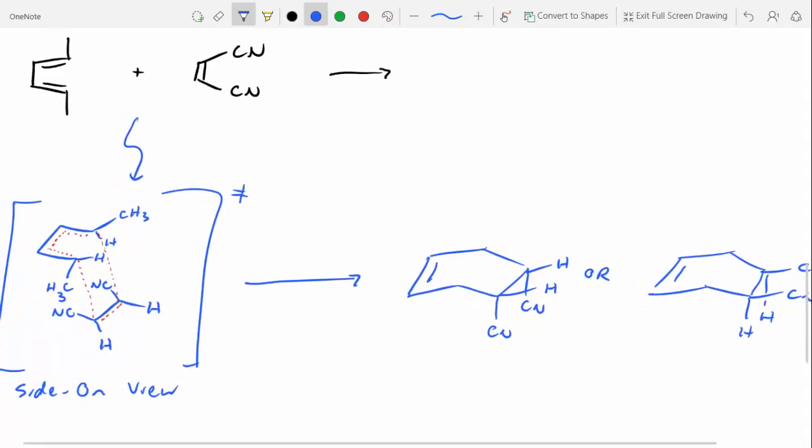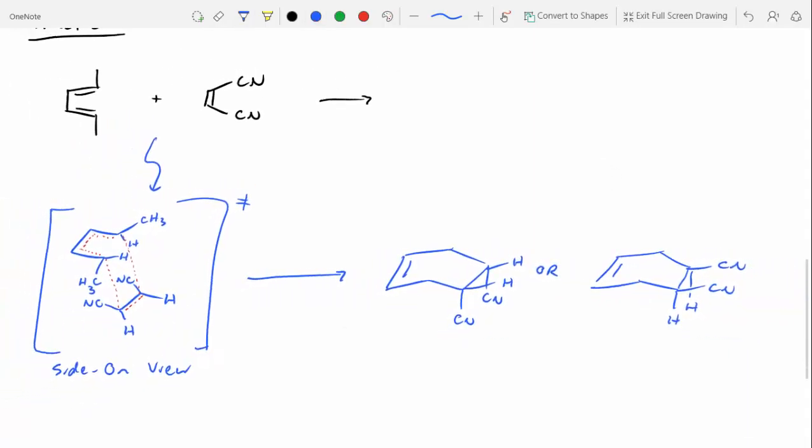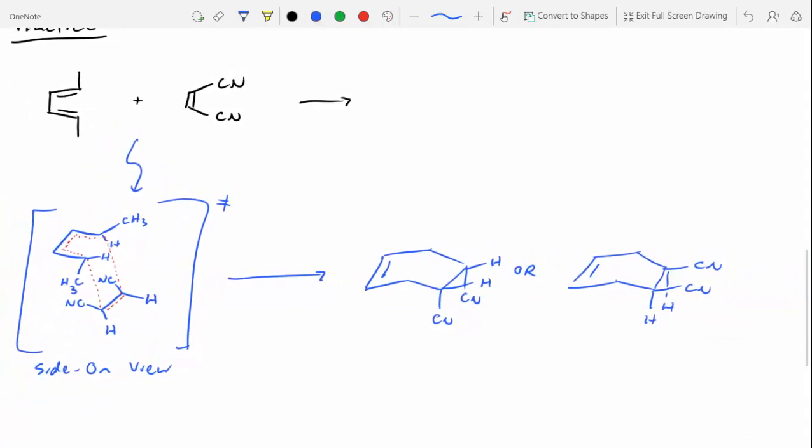All right, so if we look at these, let me zoom out a little bit. These are our two potential products. Which one's more likely, the one on the left or the right? And then I'll fill in the methyl groups in a second here. Will the nitrile groups be pointed down or out and away? Down. So if we look at this one on the right, this one on the right is not likely.